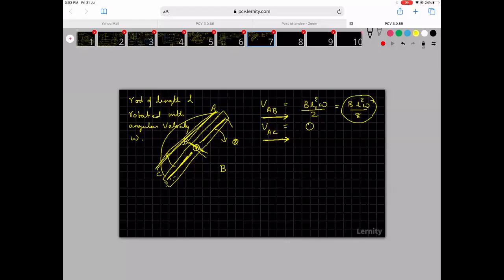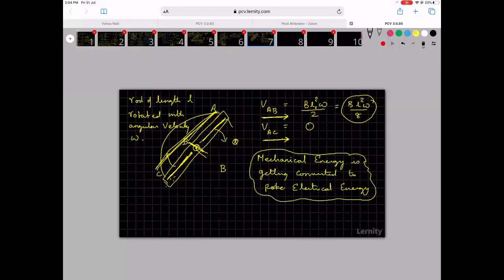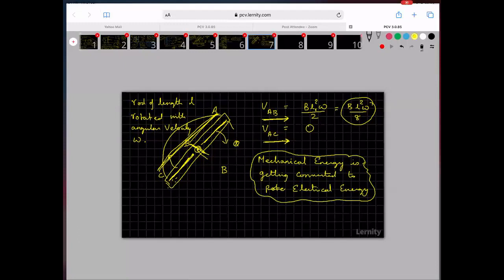In all these cases, mechanical energy is getting converted to electrical energy.